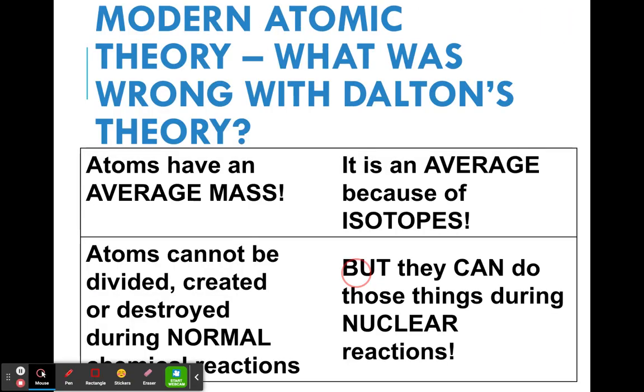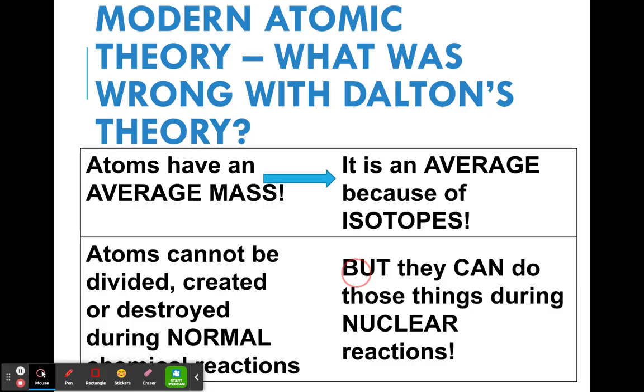So, where was Dalton wrong? Well, he believed that all atoms of an element had the same mass, but in fact, they have an average mass. The mass on your periodic table is an average mass of all of the naturally occurring isotopes for that element.